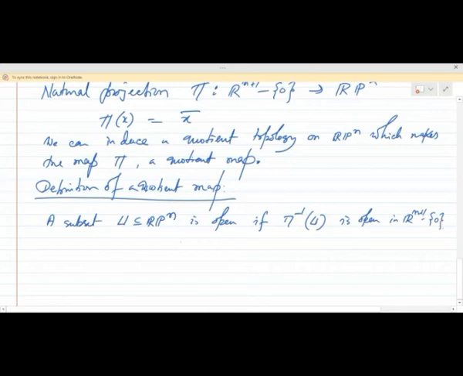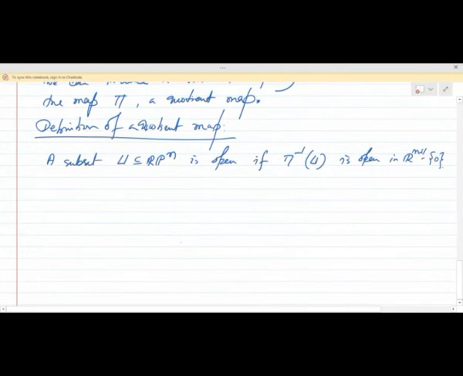This is the definition of the topology with respect to this natural projection, and it is a quotient topology which makes this map a quotient map.